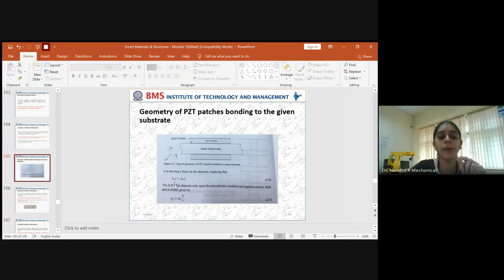But when you speak about the free strain, it is only the strain you get based on the PZT patch. So this relative permittivity of the piezoelectric, which is called the free strain, will always be greater than that of the actuator.